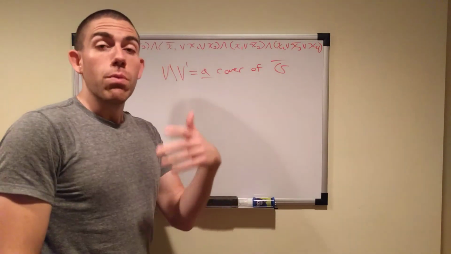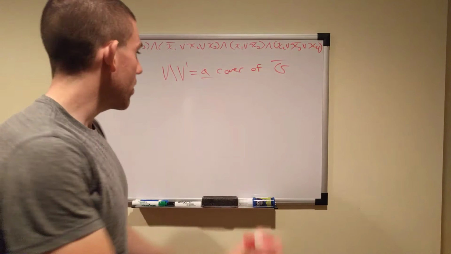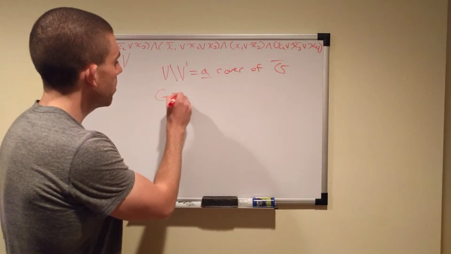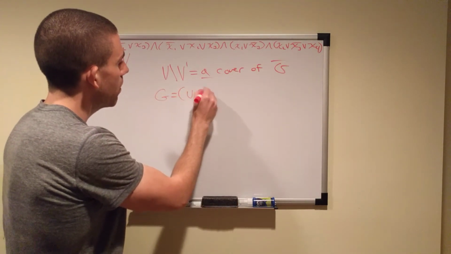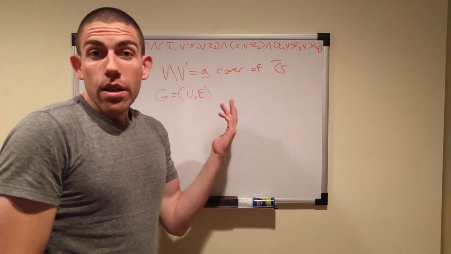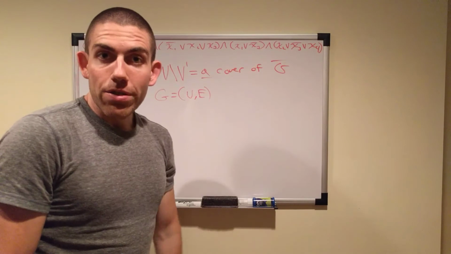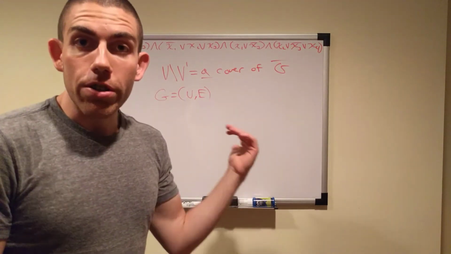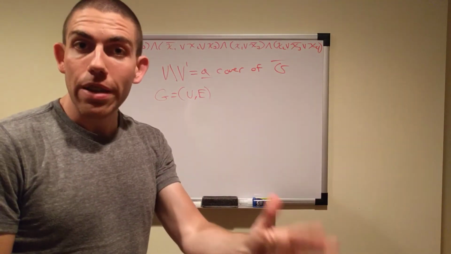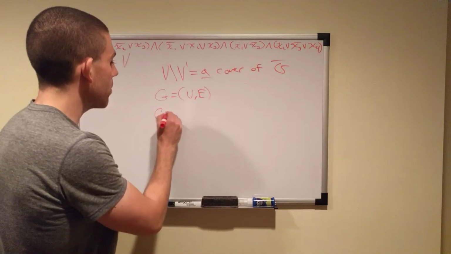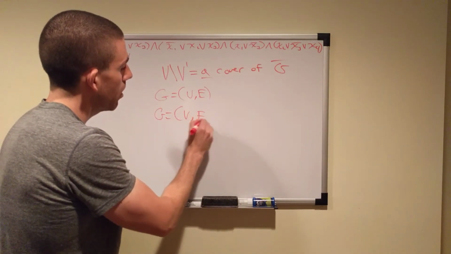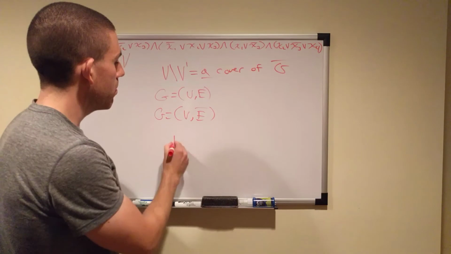So what's G complement? If you have G = (V, E), G complement is the exact same graph with all the opposite edges. So the edges that aren't in G are in G complement. That's all that changes. It's the same set of vertices, but just the complement.